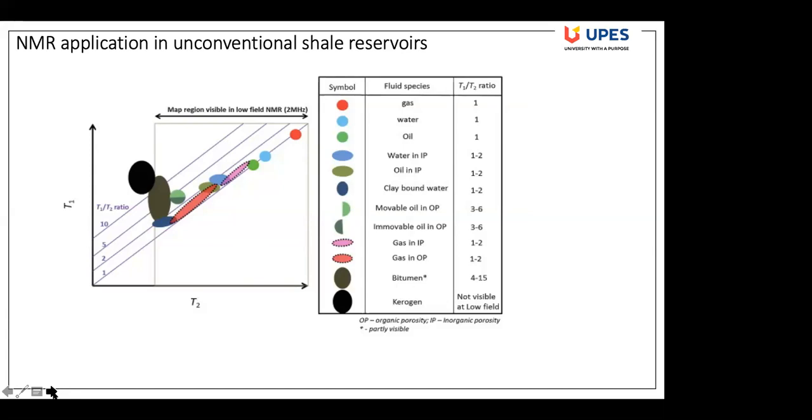Depending on how often the nuclei collide with the grain surface, this is controlled by the surface to volume ratio of the pore in which nuclei are located. So collision is less frequent in large pores, which results in slower decay. And if it is high, then it will be opposite.